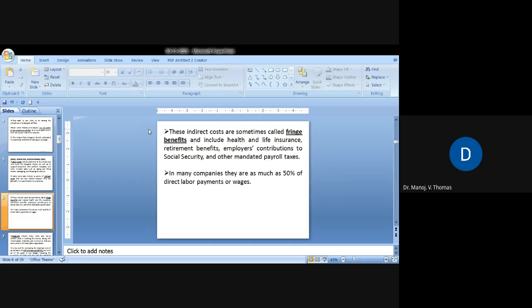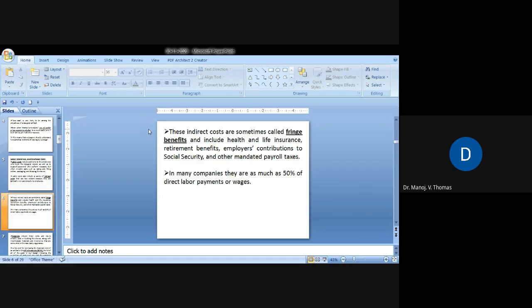This extra money that company owners pay on behalf of their employees is called fringe benefits. In many companies, they are as much as 50% of direct labor payments or wages.